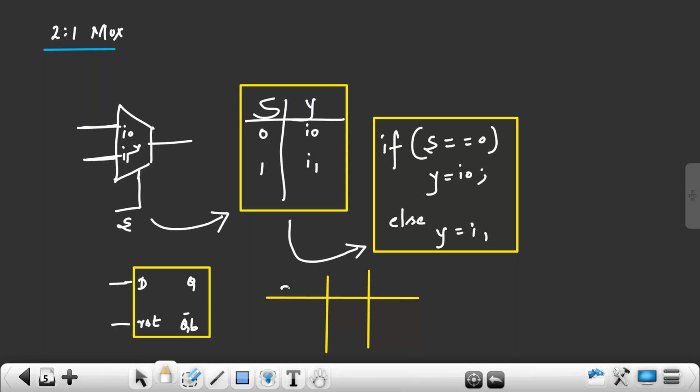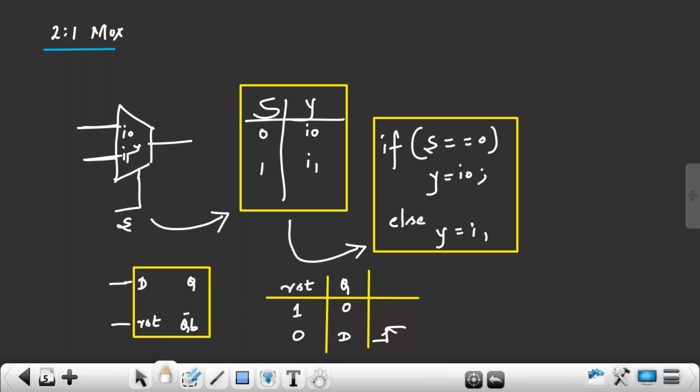If reset is 1, my Q will become 0. If reset is 0, my Q is going to take D. Whatever is on D is passed to Q, but at what time? At the positive edge of the clock.